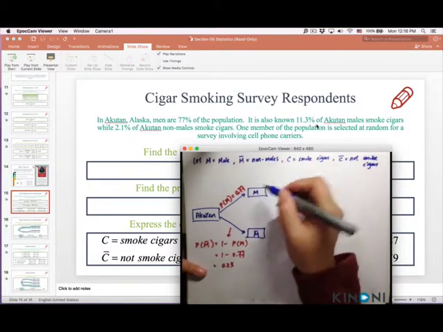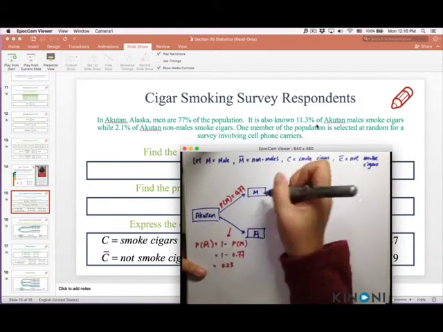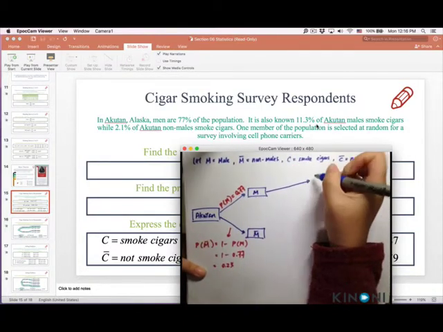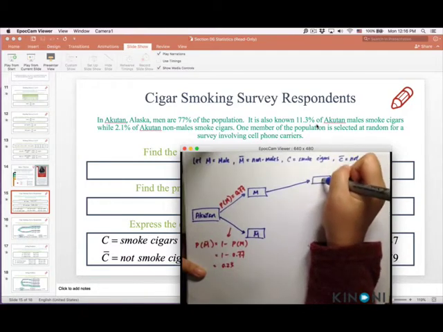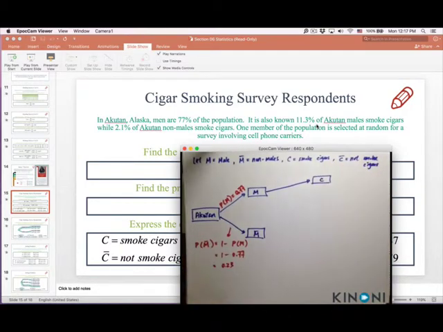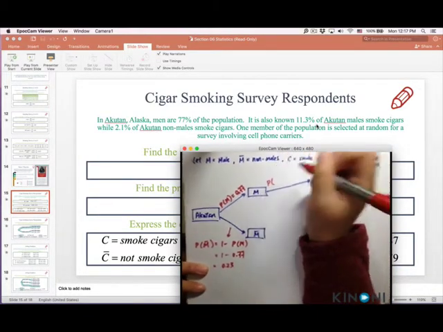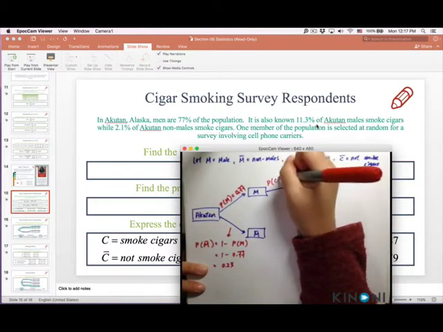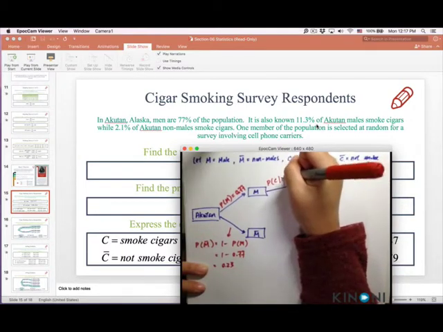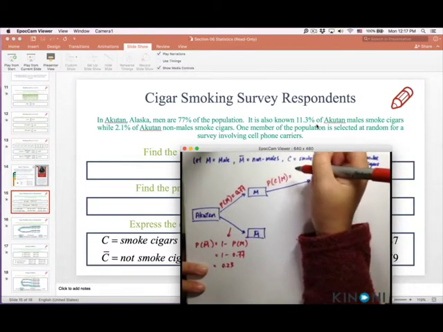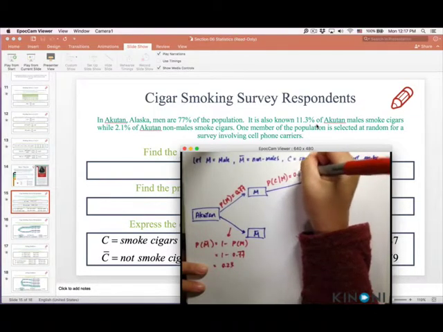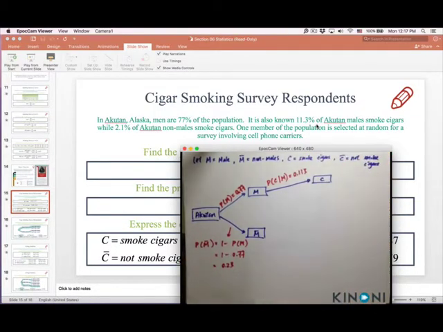So under the situation they are male, they will smoke. We write it down with the conditional probability. One more time, probability that they smoke, given that they are males, will be 11.3%, so 0.113.